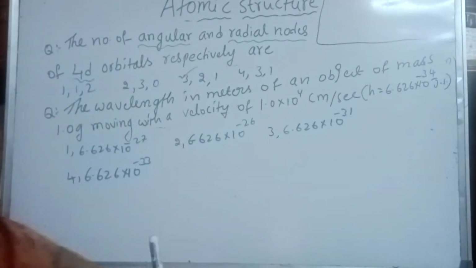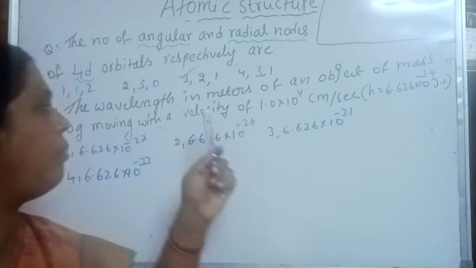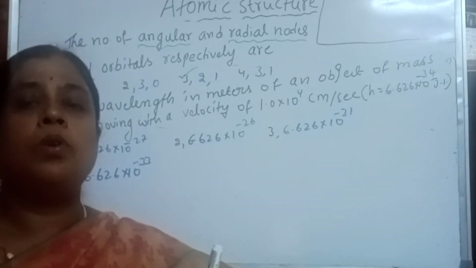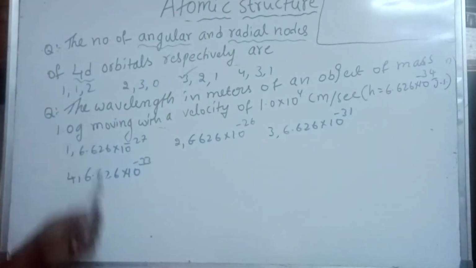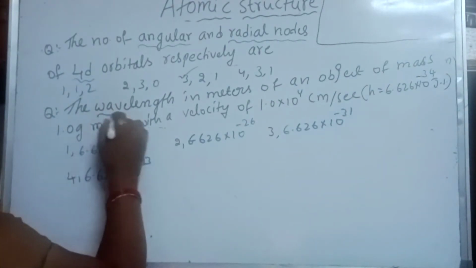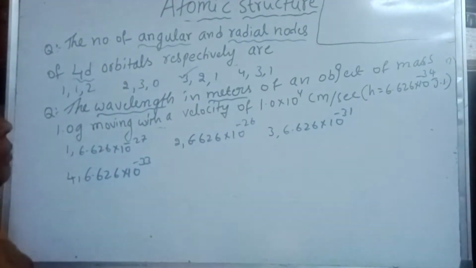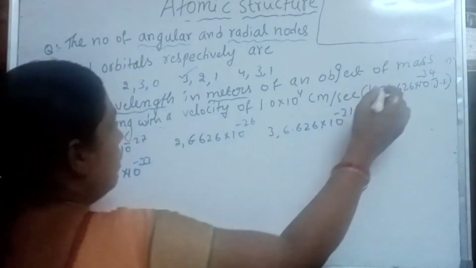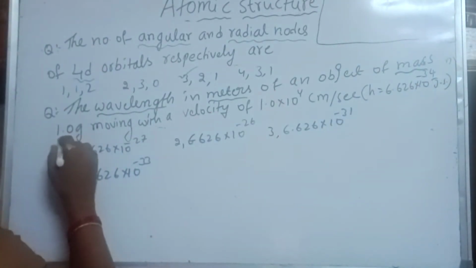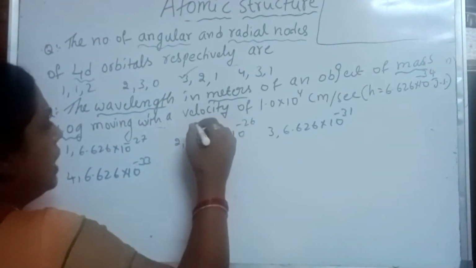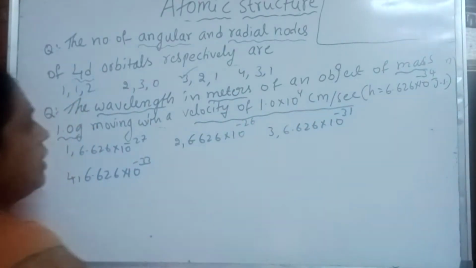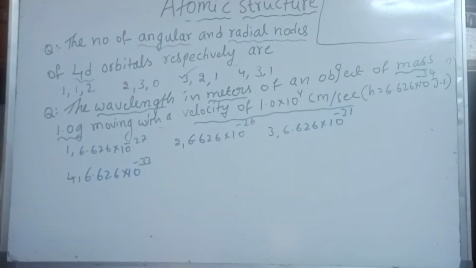This problem is based on de Broglie's equation. We have to calculate the wavelength in meters, but the mass is given in grams and the velocity is given in centimeters per second.